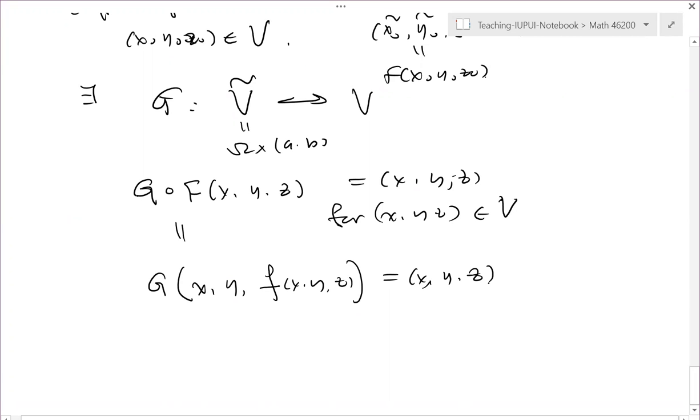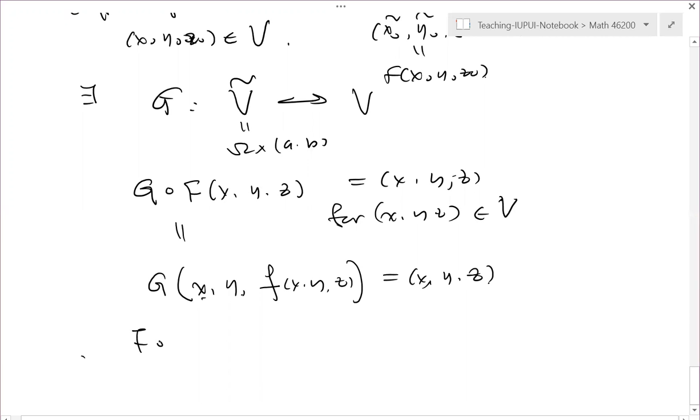But anyway, this G exists. Maybe I should express G in a form, because I only see that x is always x. Let me take a look at another version.